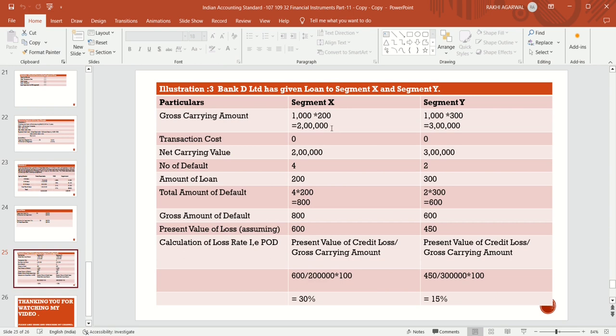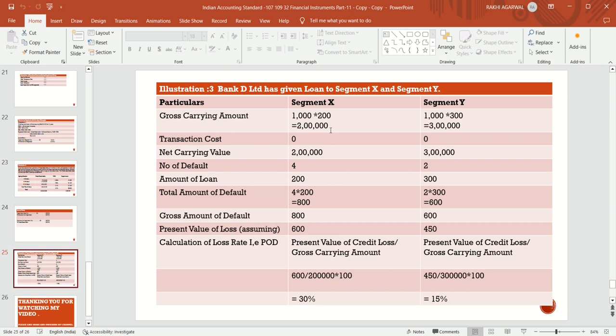Now the calculation of loss rate: how will we calculate the PD? It is the present value of credit loss divided by the gross carrying amount. The present value of credit loss is already given, that is 600, and the gross carrying amount is given, that is 2 lakhs. 600 divided by 2 lakhs is 30%, which is the loss rate, that is the probability of default.